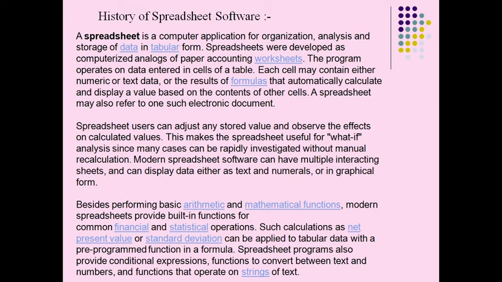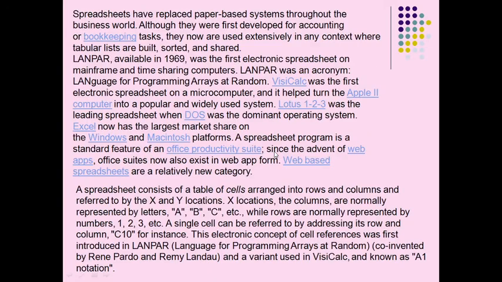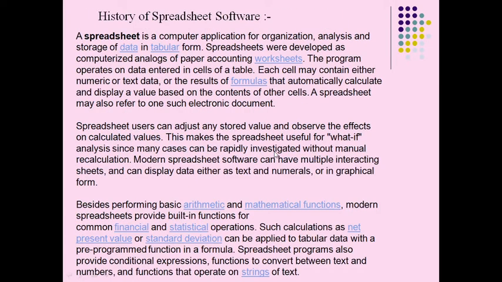Okay. Spreadsheet users can adjust any stored value and observe the effects on calculated values. This makes the spreadsheet useful for what-if analysis since many cases can be rapidly investigated without manual recalculation. Modern spreadsheet software can have multiple interacting sheets and can display data either as text or as numericals.